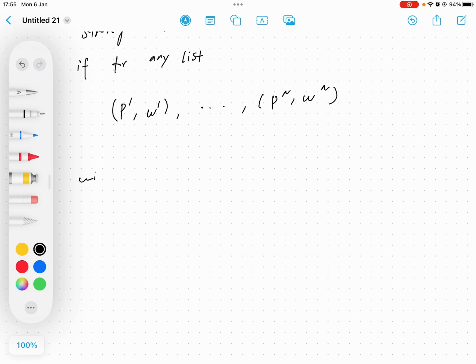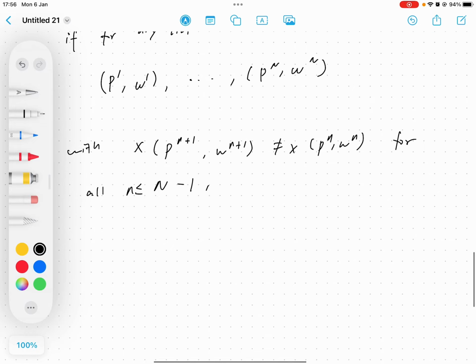Adjacent entries in this list are not exactly the same, for all n less than or equal to N minus 1.